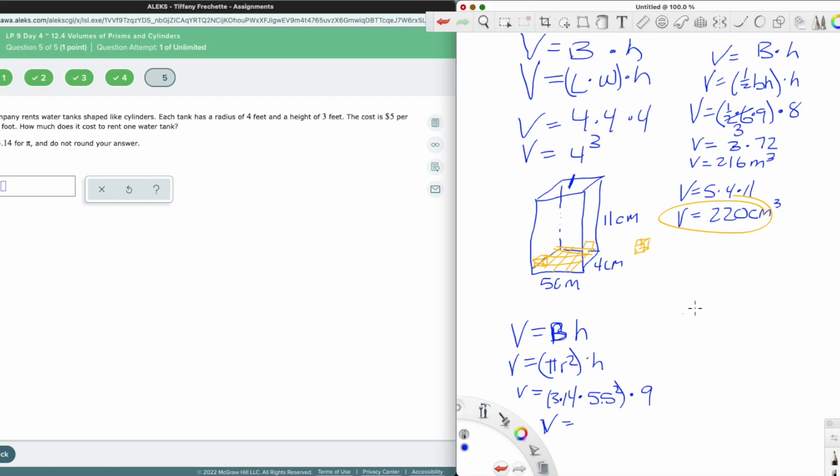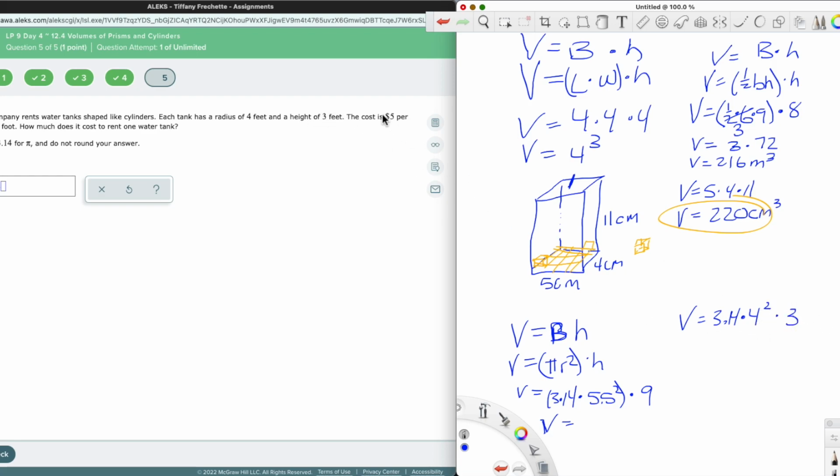All right, so we're going to do volume equals the base. Oh, and they asked us 3.14, so I'll change that. I was going to write pi, but 3.14 times the radius, which they told us was 4 feet, times the height of the cylinder, which is 3 feet.